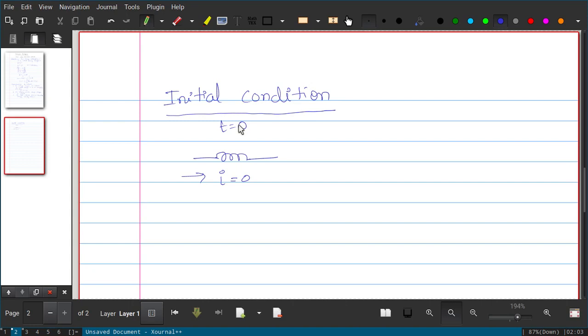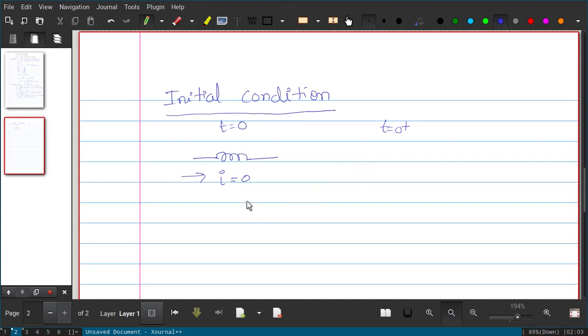So at t equal to 0, no current is flowing through the inductor. Now at t equal to 0, you would like to change the condition of the circuit. You would like to apply some current. So at t equal to 0 plus, though you have changed the condition in the circuit, soon after t equal to 0, that instant of time, the current through the inductor will not change.